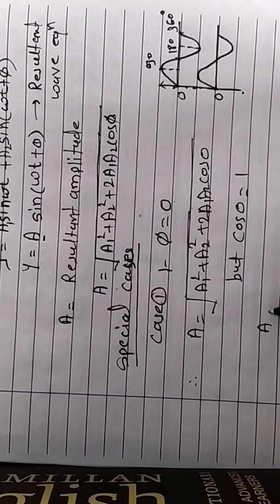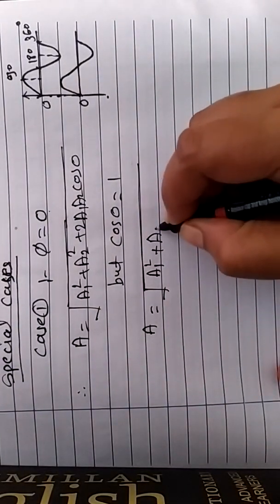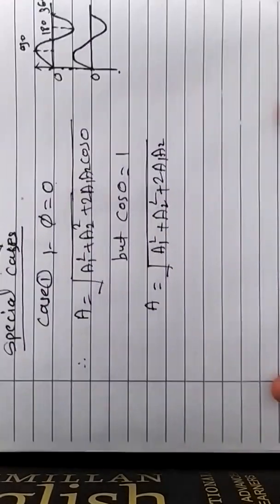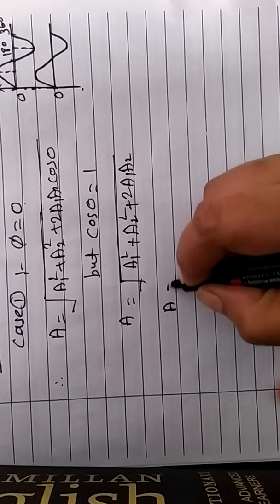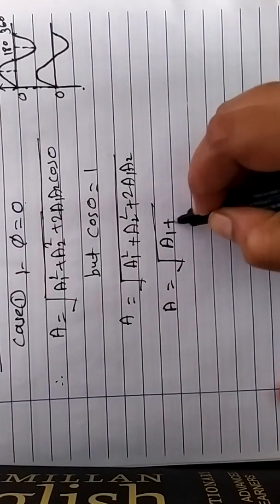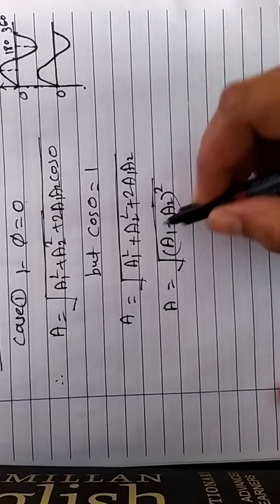Then the resultant amplitude A is equal to the square root of A1 square plus A2 square plus twice A1 A2, which is the square root of (A1 plus A2) whole square. The square root and square get cancelled.